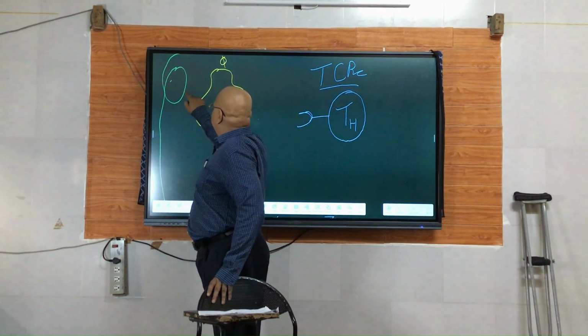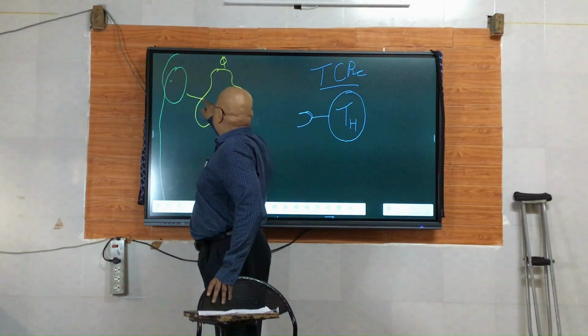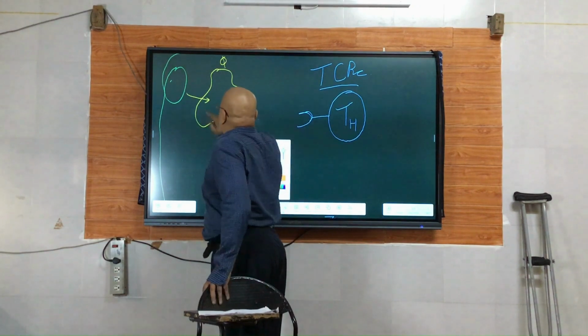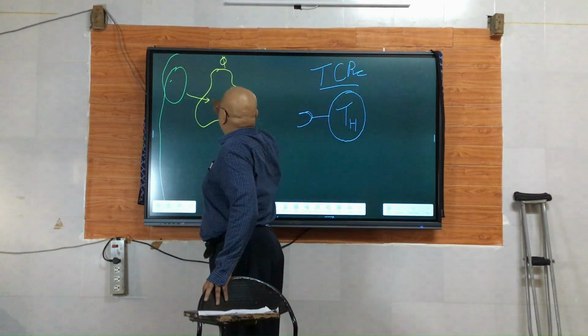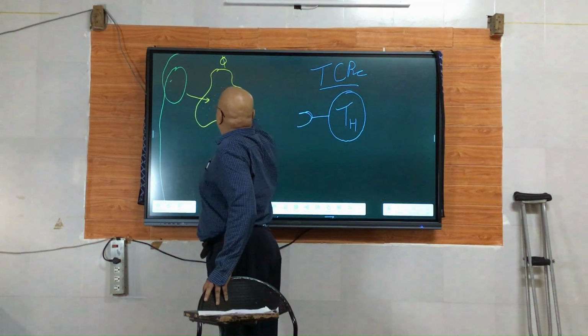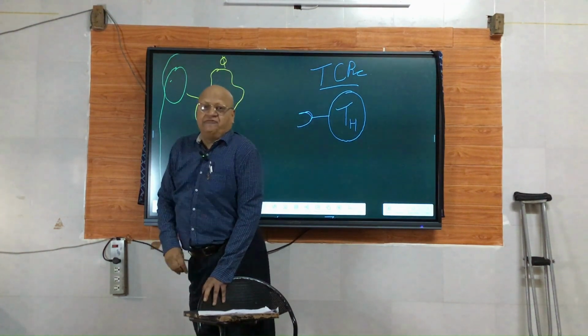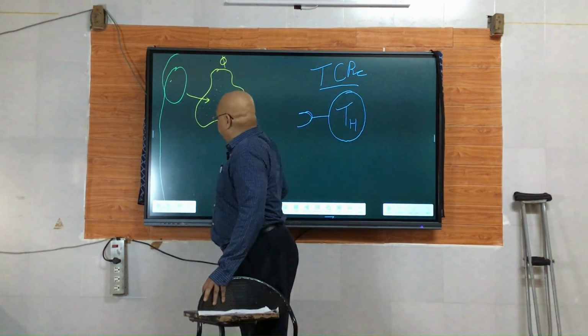Now the macrophage is going to internalize this, and after internalizing, it is going to degrade it with the help of its lysosomal enzymes. The macrophage will degrade the invading pathogen into various very small antigenic fragments.